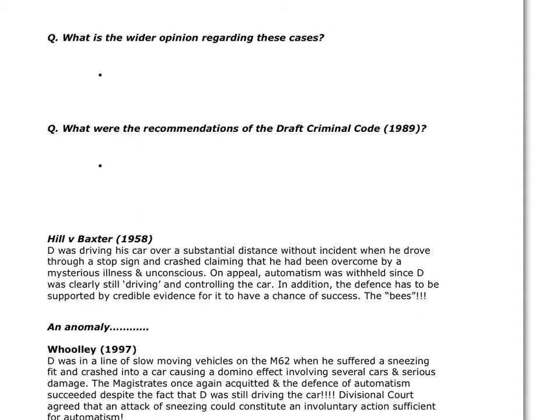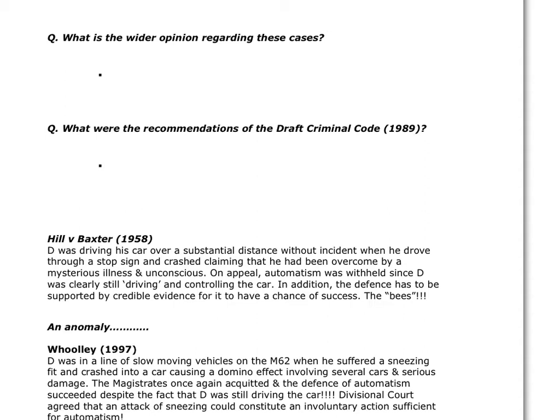On appeal, automatism was withheld since D had clearly still been driving and controlling the car. And we've said lots of times it's got to be nil control. So it failed on that score, that he was still driving, he went through the stop sign. In addition, the defence has to be supported by credible evidence for it to have a chance of success.